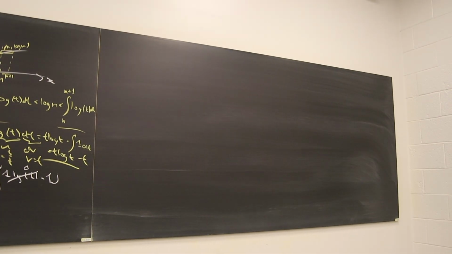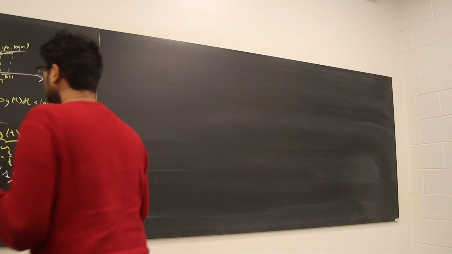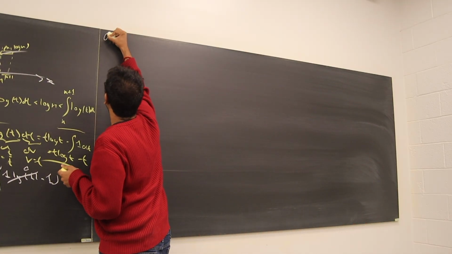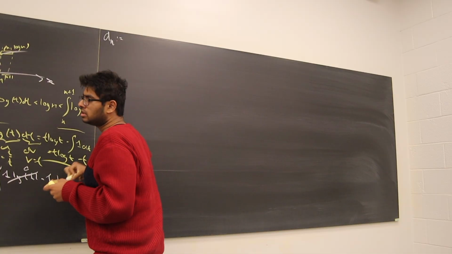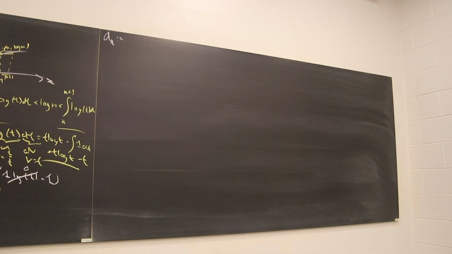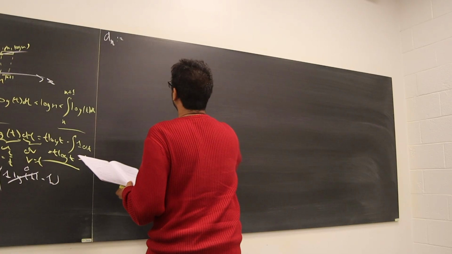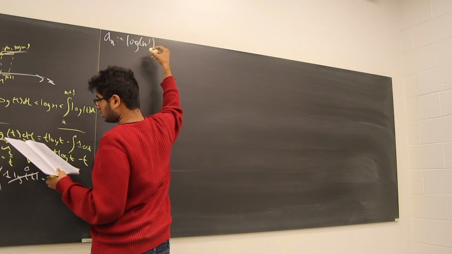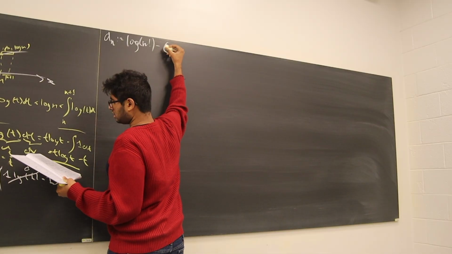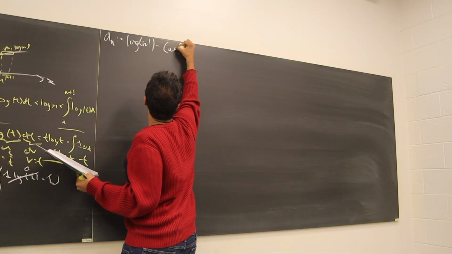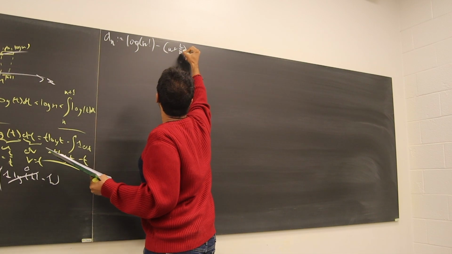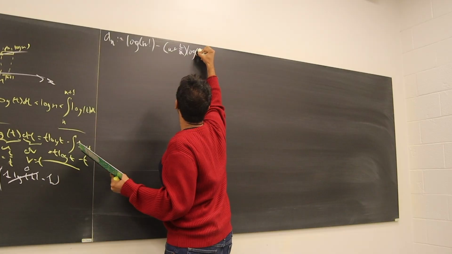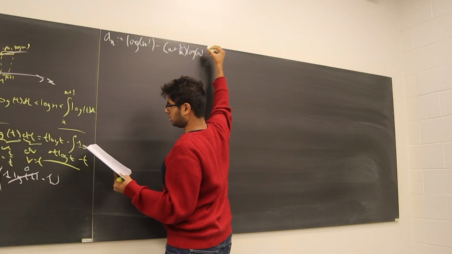Okay, now that we're here, we're going to define dn to be, I have to make sure I get this right, log of n factorial minus n plus half log n plus n.